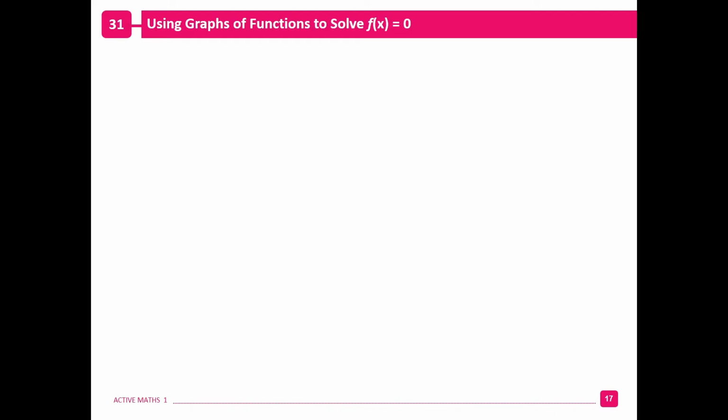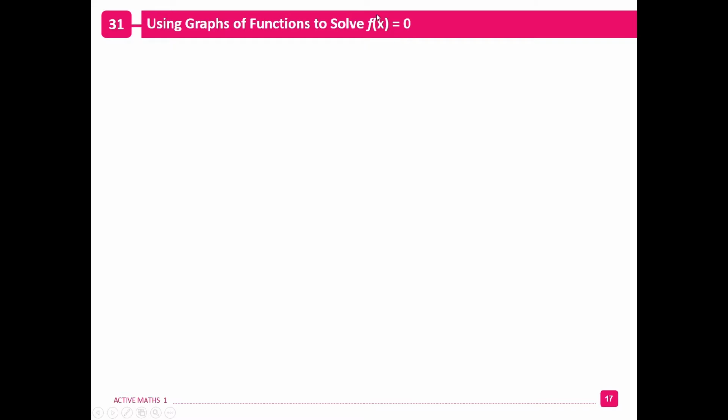Hello there. In this video, we're going to finish looking at the topic of functions. This section is about using a graph that's already been drawn, but this time we're using it to help us find the solutions to that function's equation. In particular, we're looking at how to solve, for a function where we put inputs in and the answer is 0.